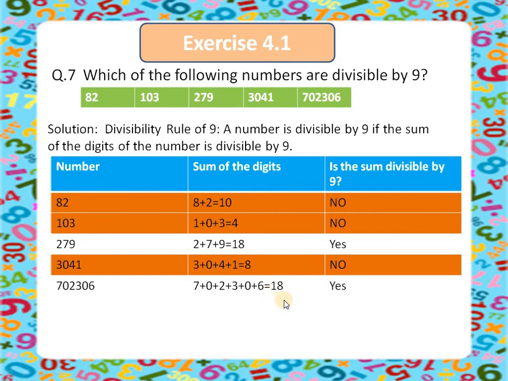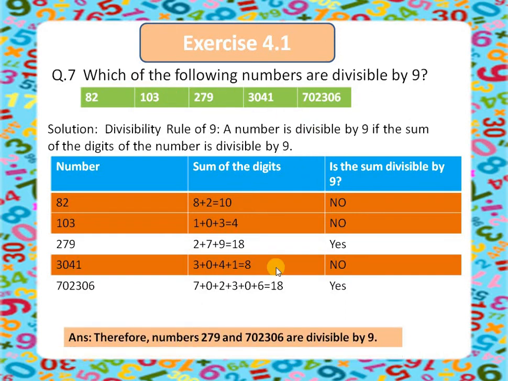So yes, 9 2s are 18. It is divisible by 9. Only 2 numbers in this whole table are divisible by 9. What are they? Therefore, numbers 279 and 7,02,306 are divisible by 9.